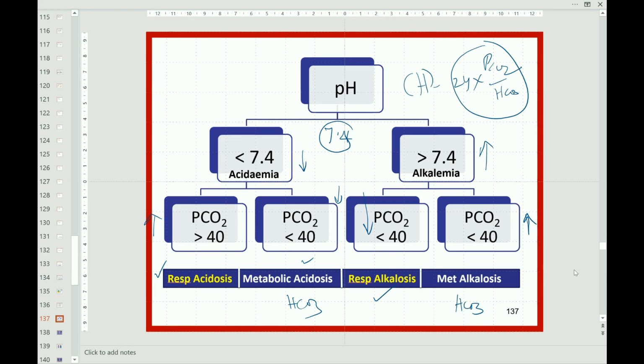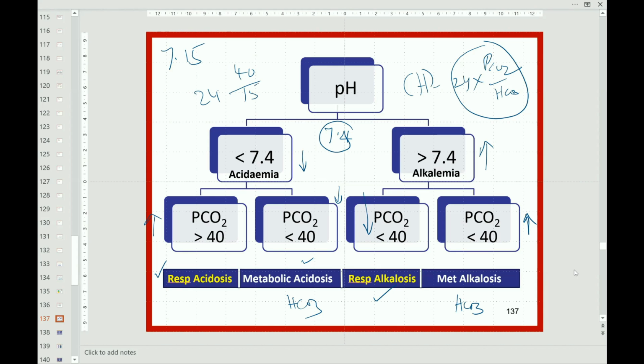Okay. So let's take an example and again recap our understanding of this one. Let's say the pH is 7.15 and then the carbon dioxide is 40 and then the bicarbonate is 15.